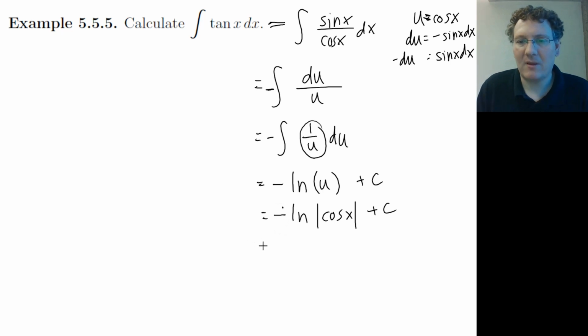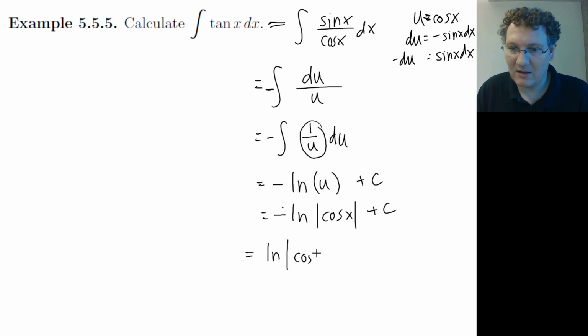Remember also the thing about logarithms: we can actually take the negative sign as the coefficient and put it as a negative 1 exponent on cosine. This is the natural log of the cosine of x to the negative 1 power, which is actually the natural log of 1 over cosine, which is the secant of x, plus c.